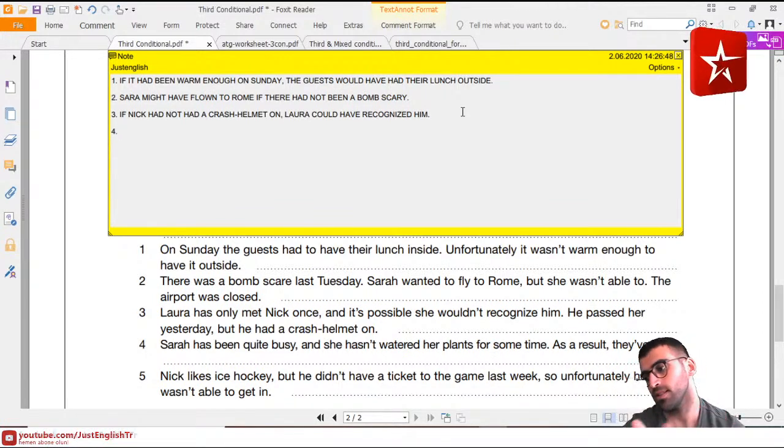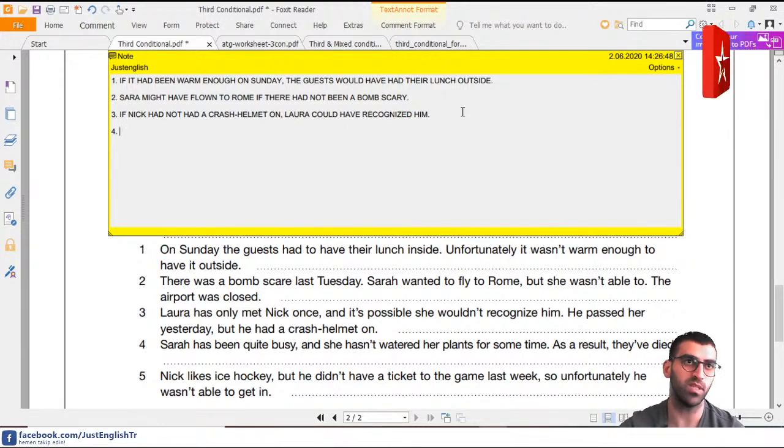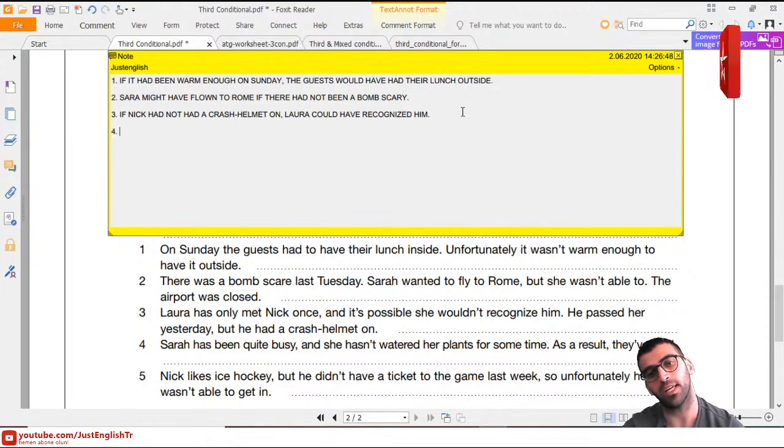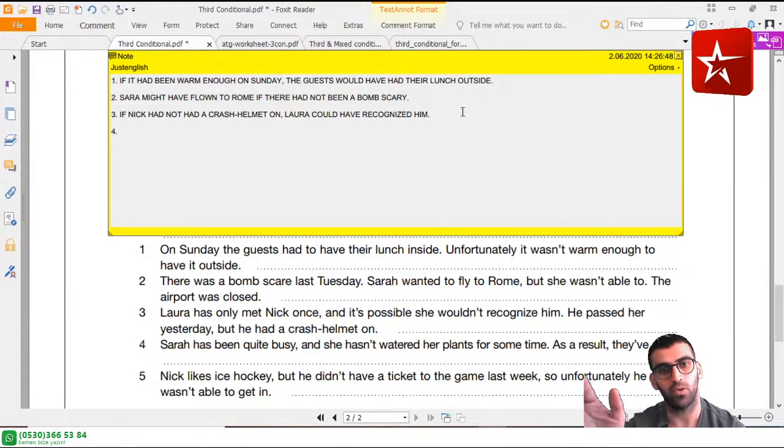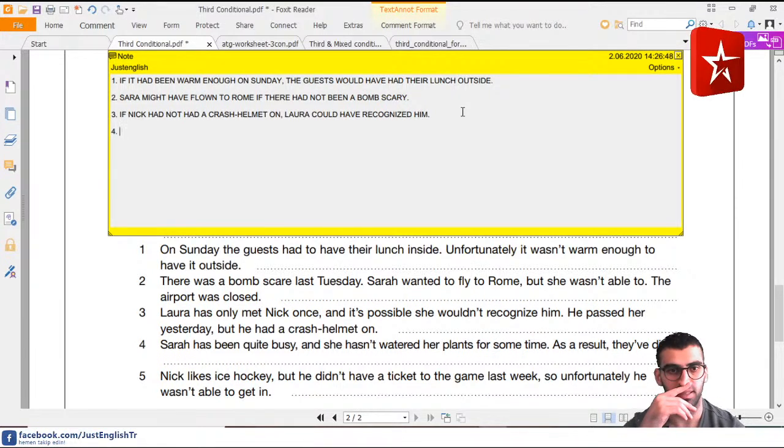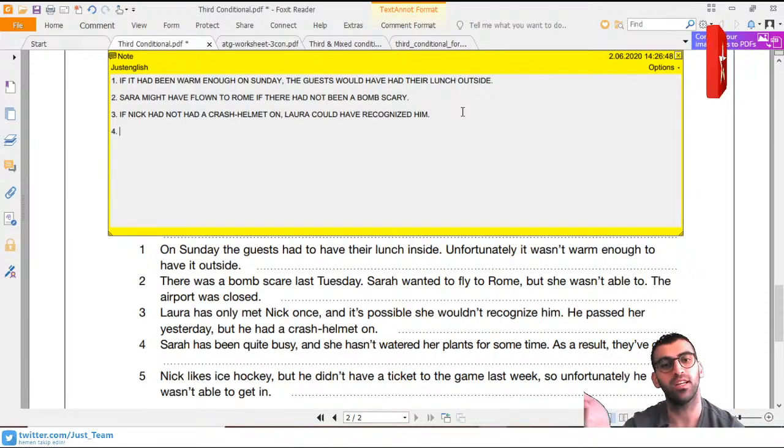So if you see someone for the first time and you don't see them anymore, when you see them again after a while, you may not recognize them. And the rest of the sentence says, he passed her yesterday, but he had a crash helmet on. Like he was wearing a crash helmet. That's why it's not possible for Lara to recognize Nick in the street.